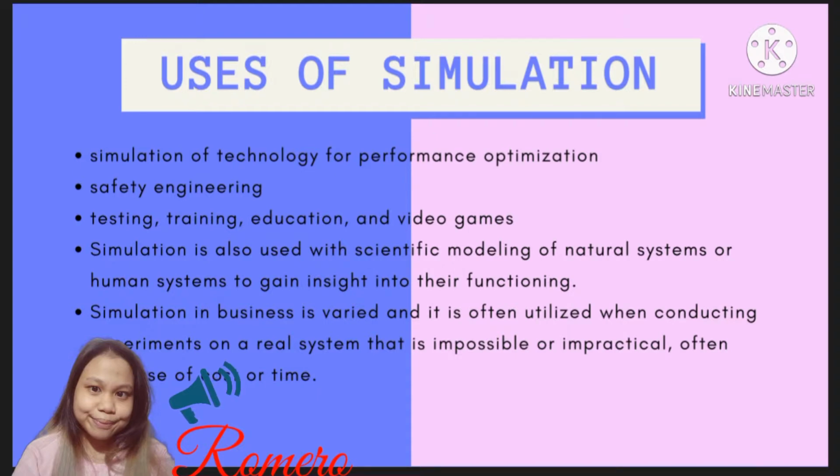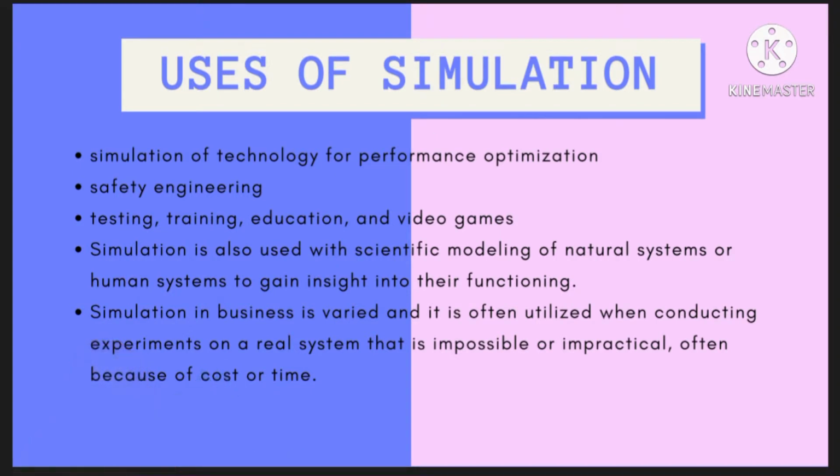Simulation is also used with scientific modeling of natural systems or human systems to gain insight into their functioning. Simulation in business is varied and it is often utilized when conducting experiments on a real system that is impossible or impractical, often because of cost or time.